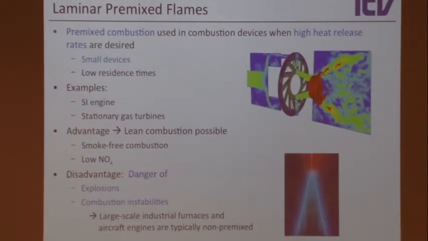Smoke comes from rich combustion. Lean also means, as we saw earlier, think of the mixture fraction plot, temperature as a function of mixture fraction. You go to very lean, small mixture fraction, you get very low temperatures, okay? Low temperatures, think of what we just said, give you low NOx, okay? So lean premixed gives you low NOx, no smoke, very good.